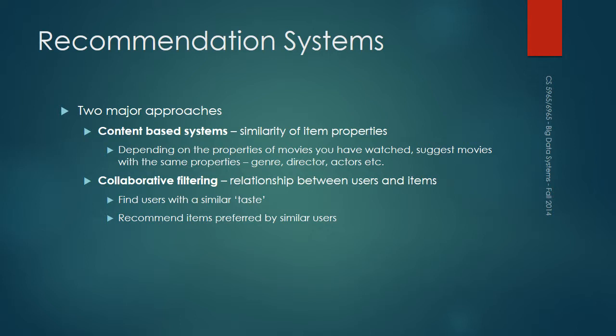At the same time, two users are similar if they have purchased the same kind of items. So you can use, so to say, the rows and the columns of the utility matrix to define a way to compare users or items. Okay?